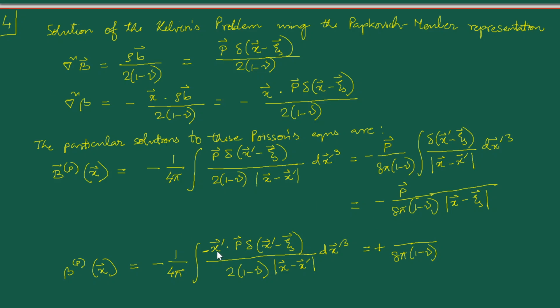Rather, I'll just substitute this x dash vector by the xi vector that is dotted with the p vector, and in the denominator I have, just like before, the x vector minus the xi vector. That's it. This is the solution. This is my particular solution for the beta.